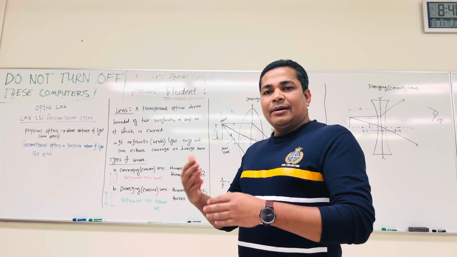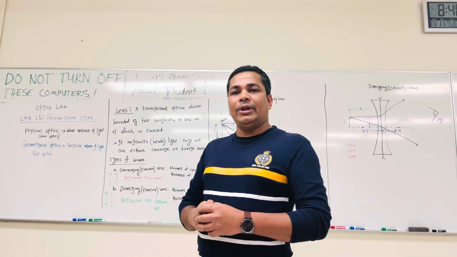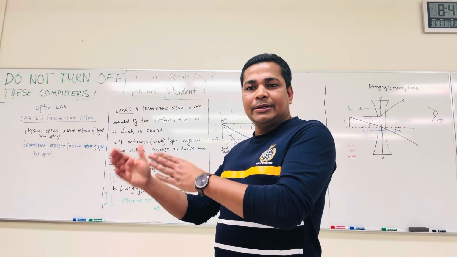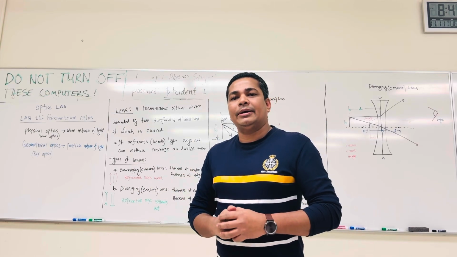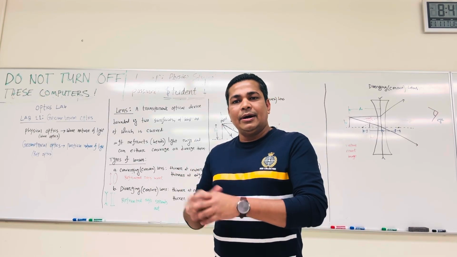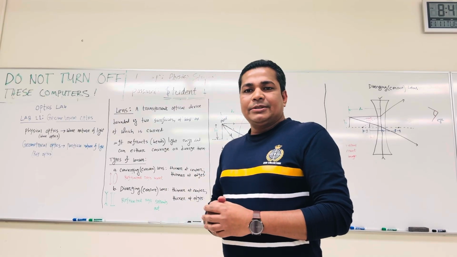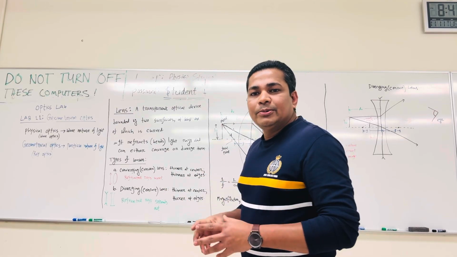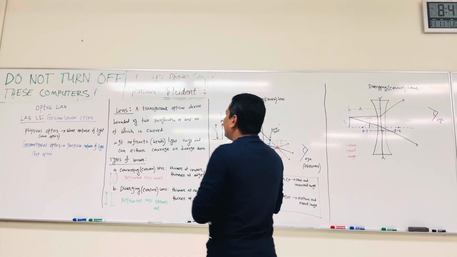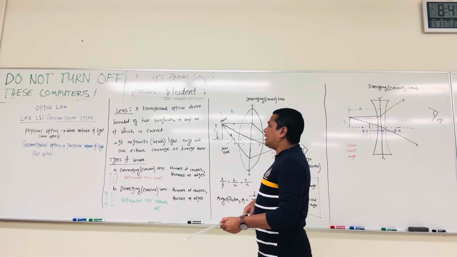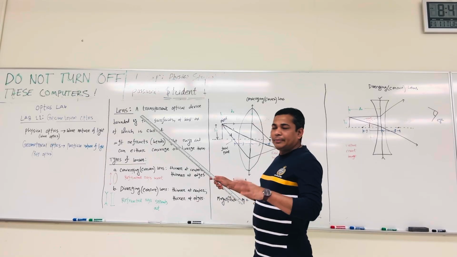In this session, we will show how we get image formation when light passes through lenses and mirrors. So if we want to define a lens, you see here I defined lens briefly.